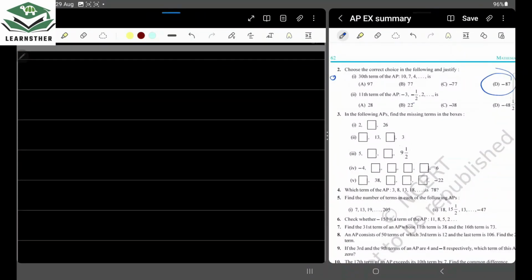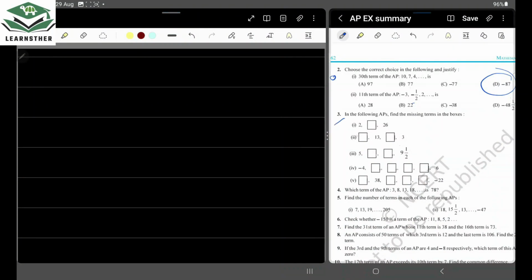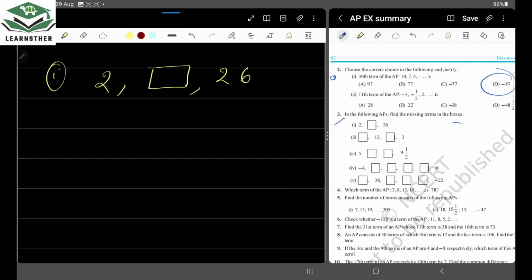Okay, then see this question 3. In the following APs, find the missing terms in the boxes. It is given like this. You have to find the missing term in the boxes. So let the missing term be y.